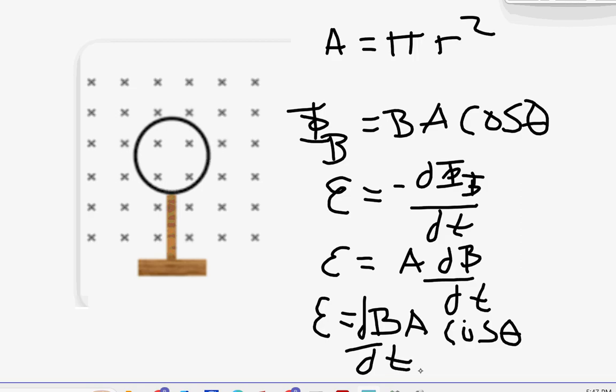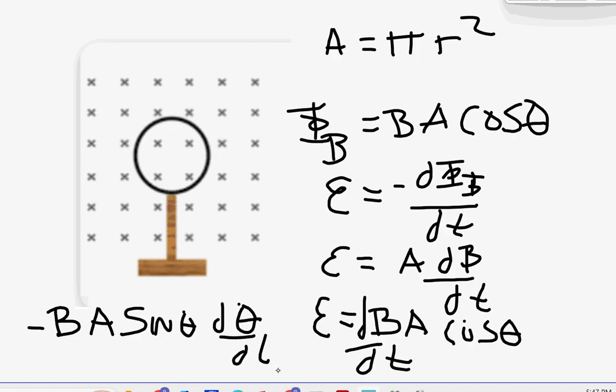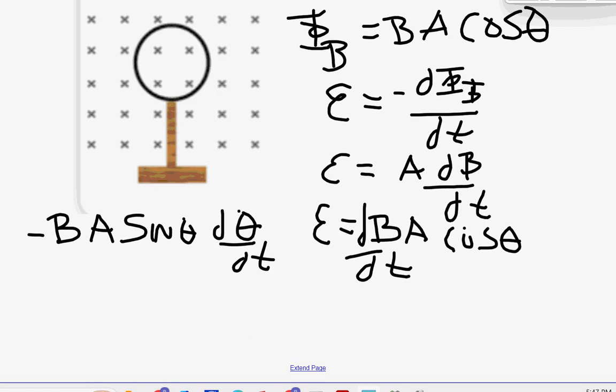We're going to end up with minus BA sine of theta times d theta dt. As we already know, d theta dt does equal angular velocity. So we have minus B A omega sine of theta.